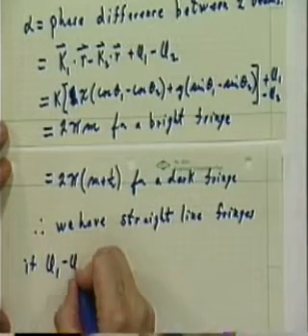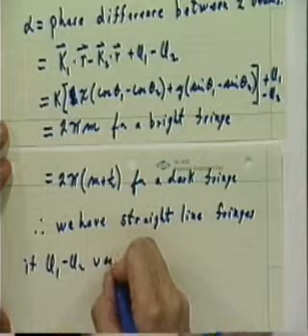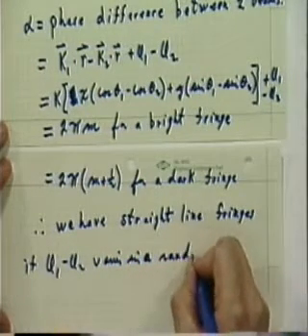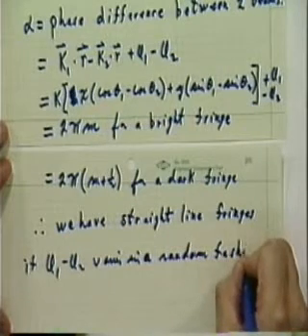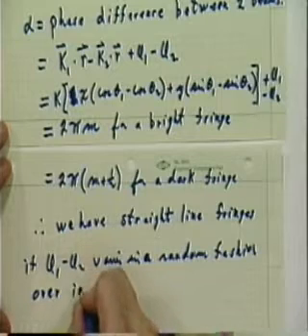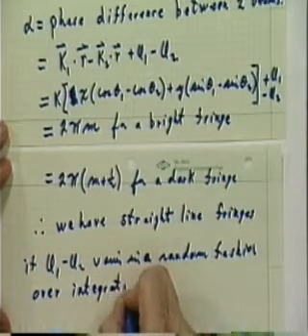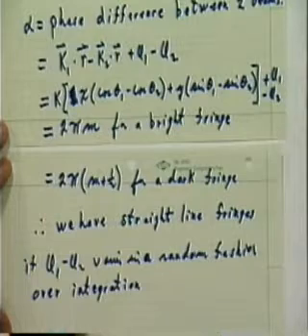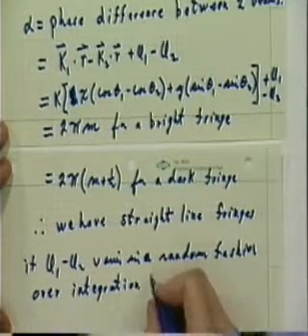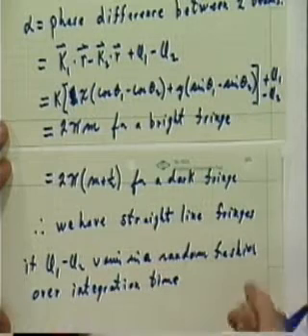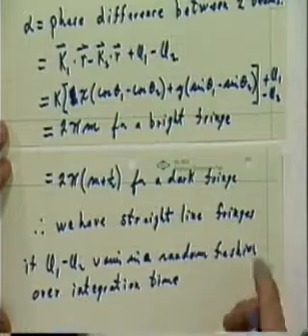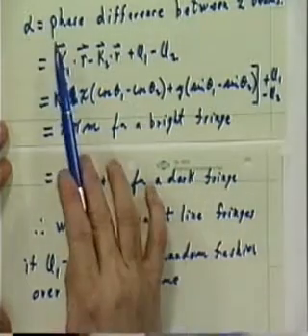Let's say that phi 1 minus phi 2 varies in a random fashion over the integration time. So the phase difference in alpha is not necessarily just always phi 1 minus phi 2. The question is, what is the phase difference in alpha?